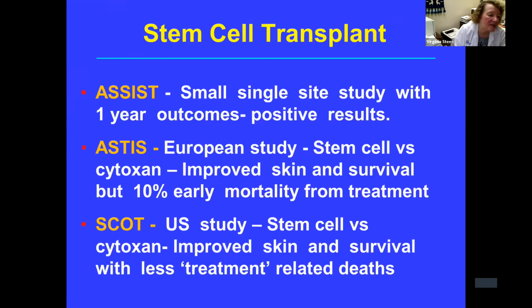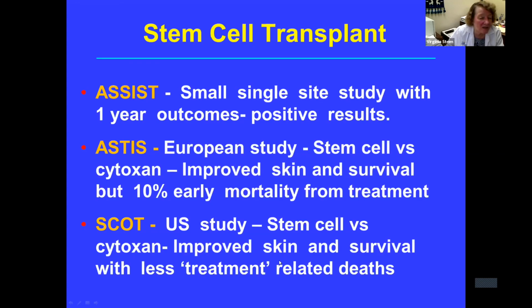And there have been 3 studies. This is a small 1-year study in a single site. This is the European study, ASTIS, and the Scott trial. The European study had a good bit of early mortality from the treatment. The way the Scott trial did it, they had improved overall survival and less treatment-related mortality.